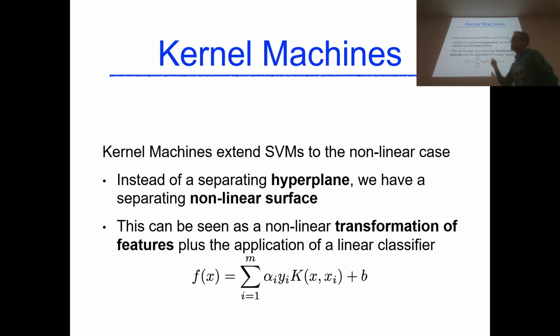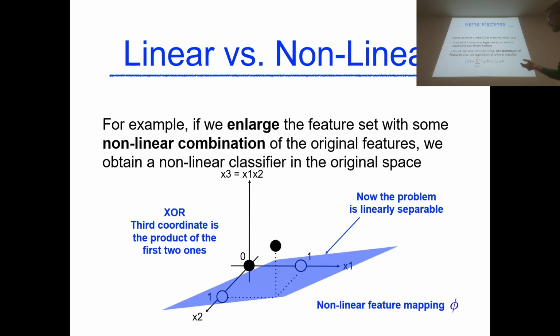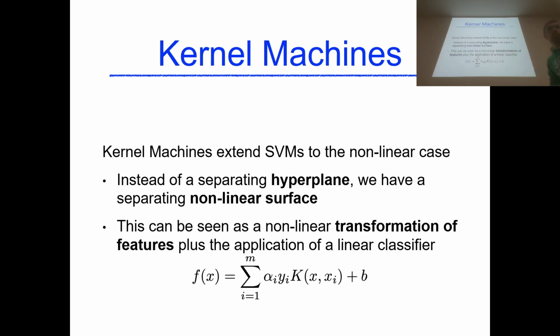Another way to push support vector machines towards nonlinear separation is to extend them to what are called kernel machines. In this case, what we are doing is simply embedding this sort of nonlinear feature mapping in the kind of function we want to learn.